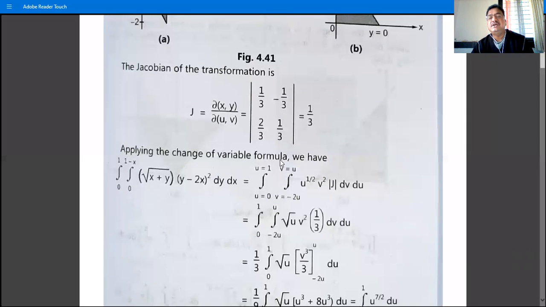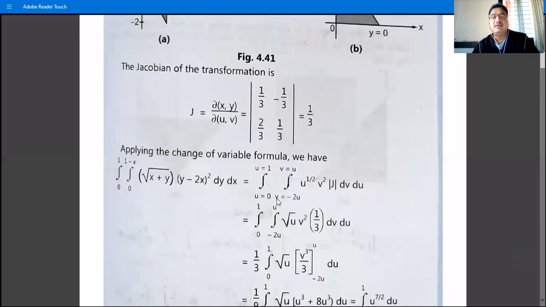Then applying the change of variable formula, this given integration in the original variables dy dx is equal to, substitute x and y as this. So x plus y is u raised to half. This is v, y minus 2x, and this dy dx or dx dy is replaced by mod J du dv or dv du, and mod J is 1 by 3.